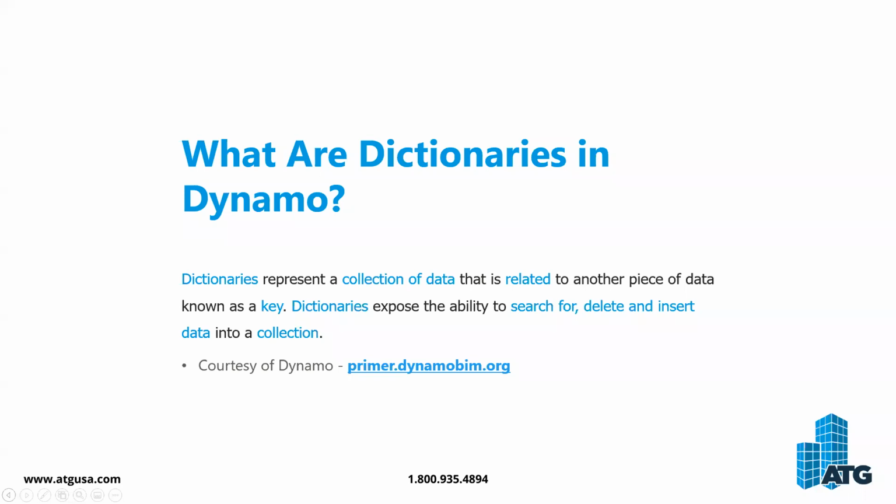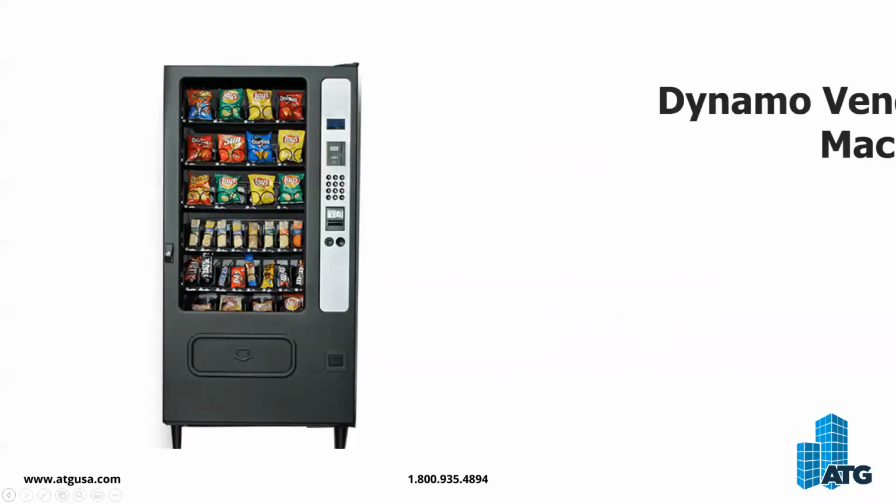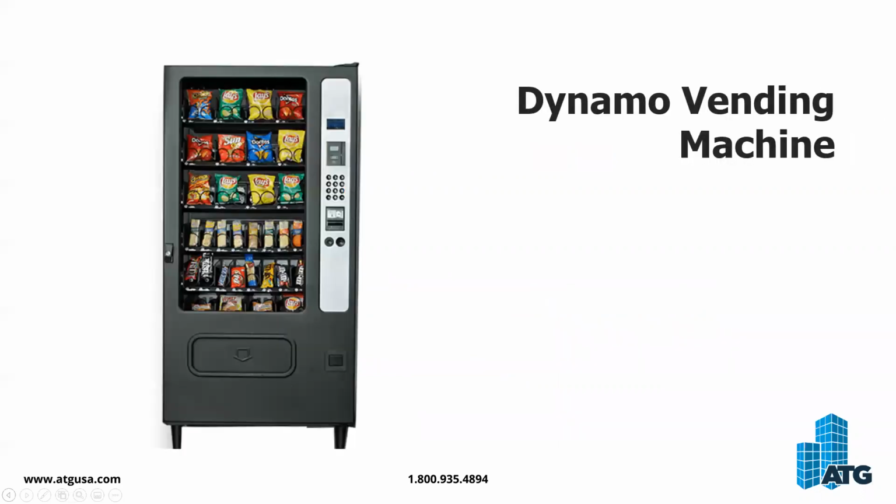A really clever way of thinking about a dictionary, which I came across by attending another Dynamo user group in the UK, is to think of dictionaries as a vending machine. With the vending machine, you have to enter a number or a letter and a number, and once you insert that, out comes some sort of object.